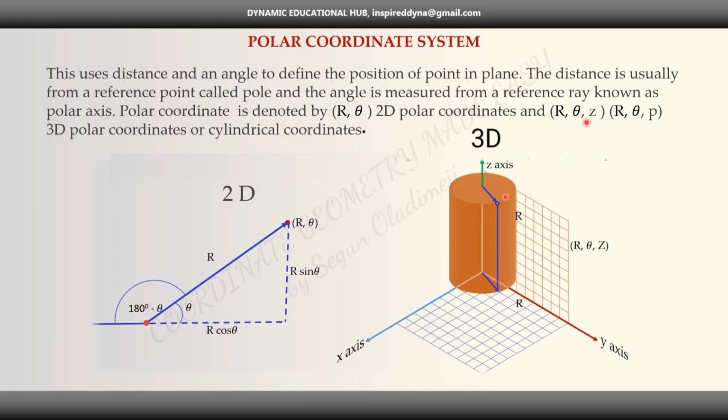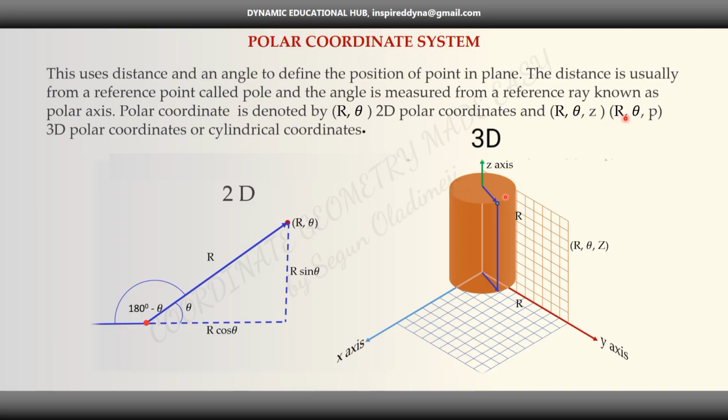Then we measure the z coordinate, the coordinate that corresponds to z in the Cartesian coordinate system, which is the height of that point in 3D space. So we have a linear measurement, we have an angle, and we have a coordinate that corresponds to the Cartesian coordinate, which is the height.